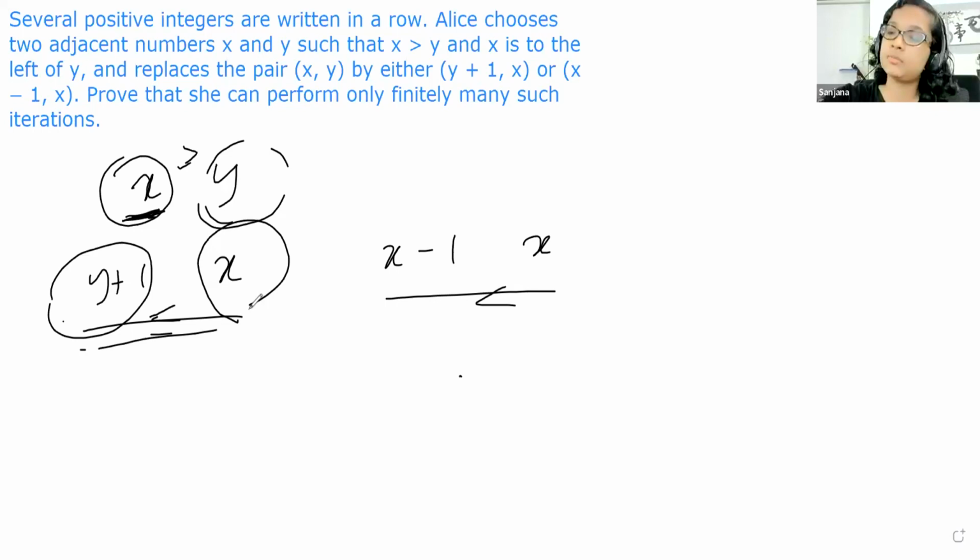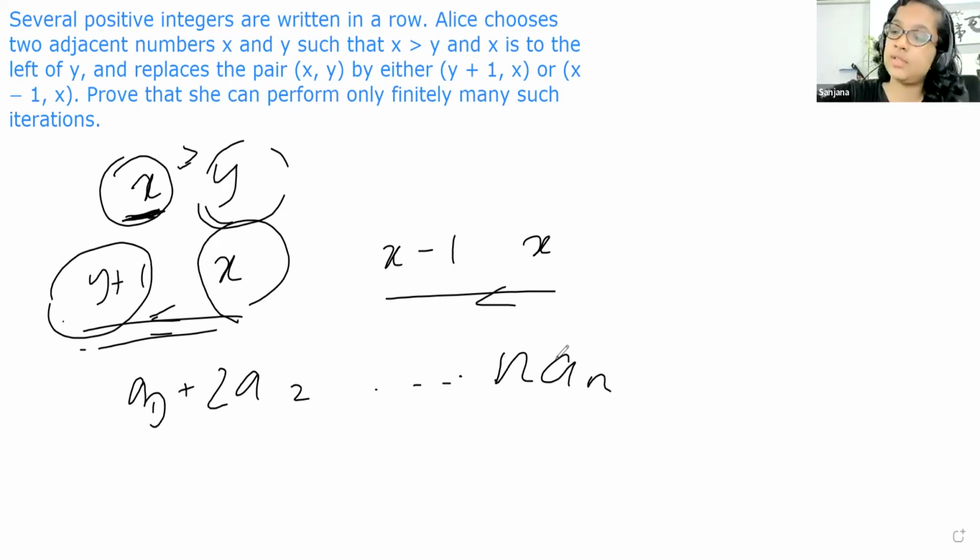A nice way to do that would be to assign weights to the variables based on their positions. If you have A1, A2 till AN as the numbers, then you can assign the weight as the position, so you have A1 plus 2A2 plus so on till NAN.